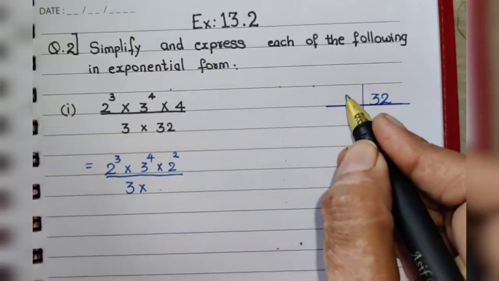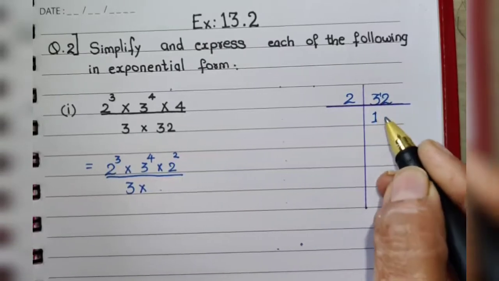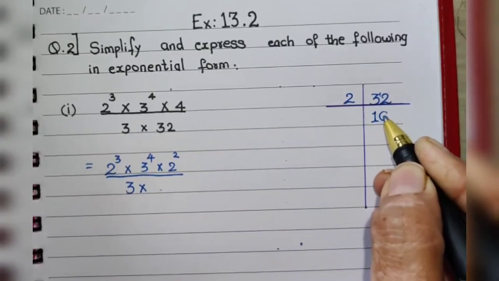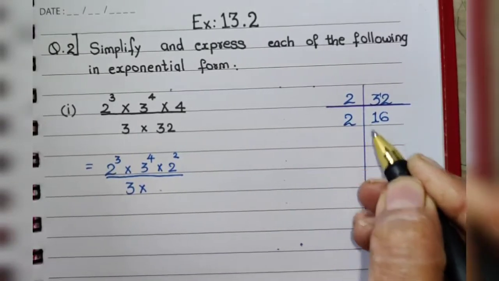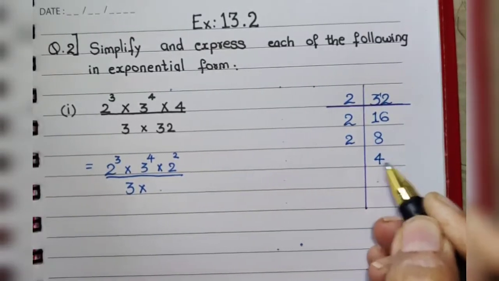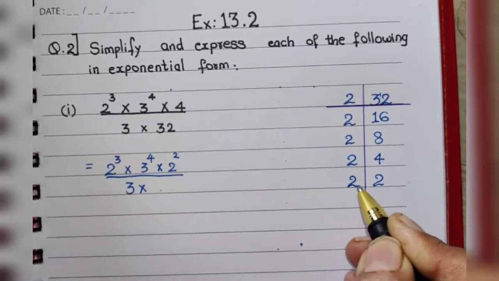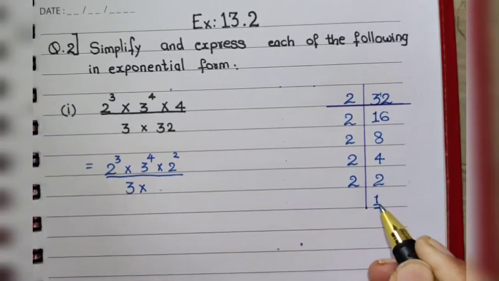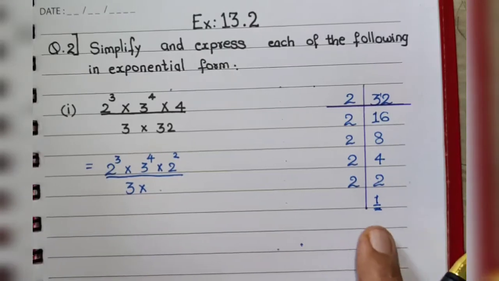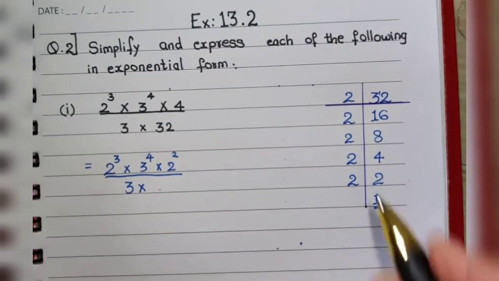Okay, so let's start. 2 1s are 2, 1 carried, it is 12 now. So 2 6s are 12, 2 8s are 16, 2 4s are 8, 2 2s are 4 and 2 1s are 2. Now as you could see, we have reached 1. So this is the total, what is it?